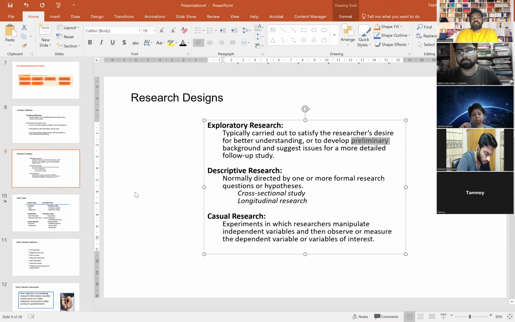So hypothesis comes in mainly in causal research, which is experimental in design, in which researchers manipulate independent variables and then observe or measure the dependent variable or variable of interest. Causal research is mostly quantitative in nature, and in quantitative research, you start with the hypothesis.